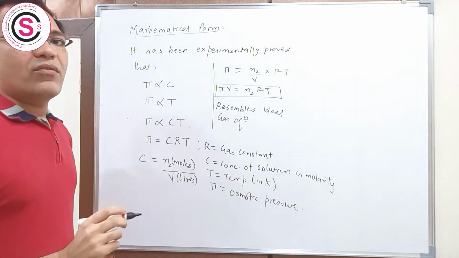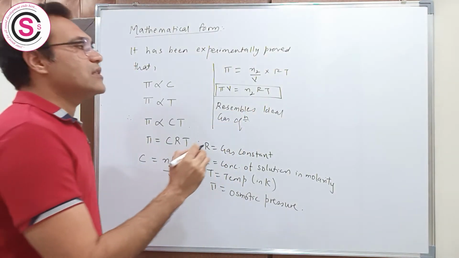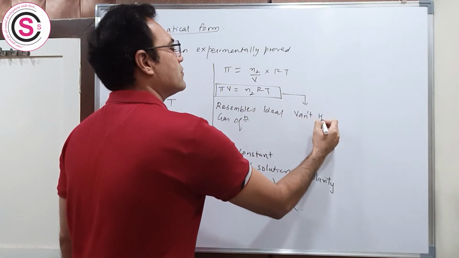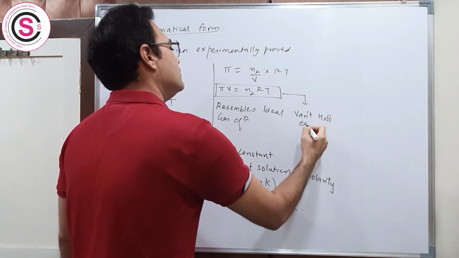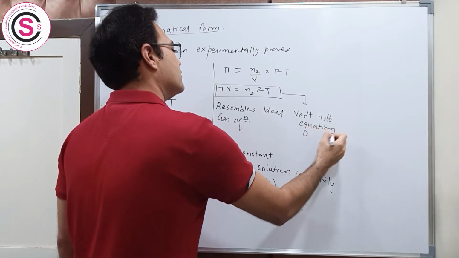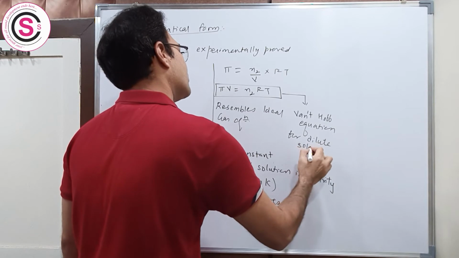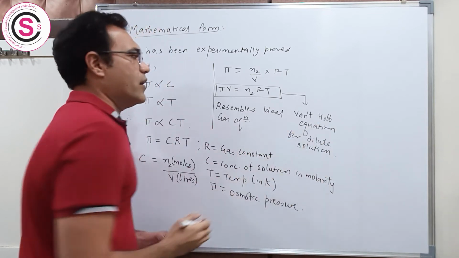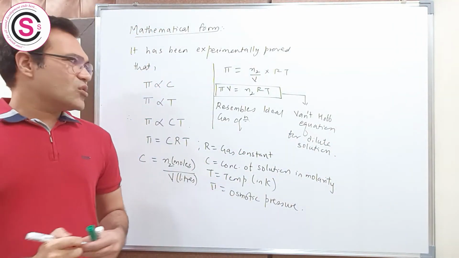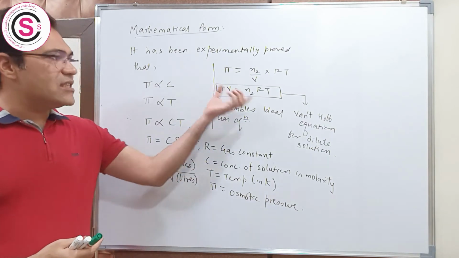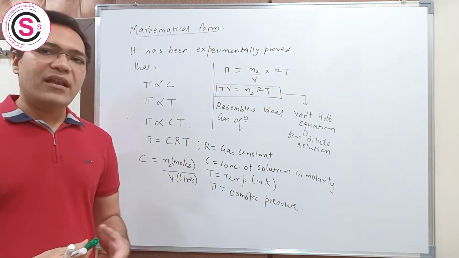Okay, now one more thing I would like to tell you. This equation is also known as Van 't Hoff equation for dilute solution. Correct? Now see students, this is not in your syllabus, just to make you understand why this equation resembles the ideal gas equation.